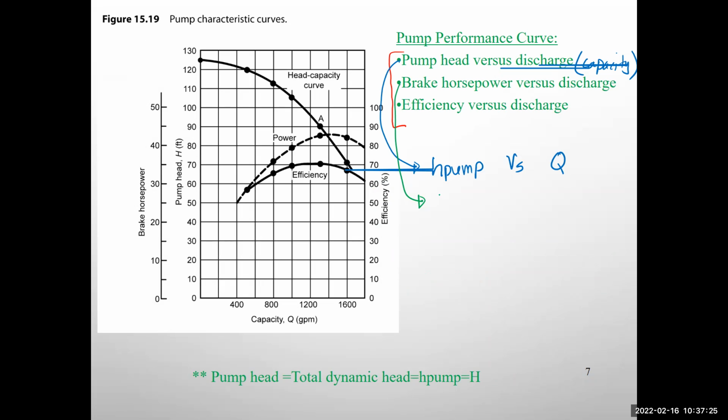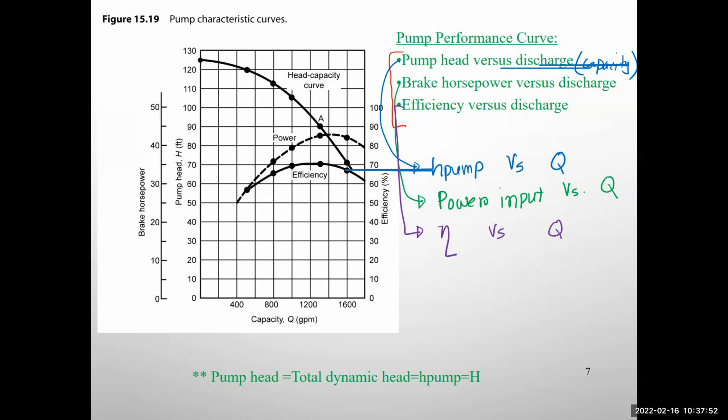Brake horsepower is actually the indicator for power input versus Q. And the very last one, the efficiency versus Q. There are some other characteristics curves also which we will see, but usually these 3 are the ones we will use here.